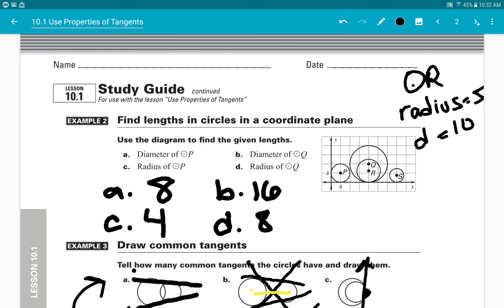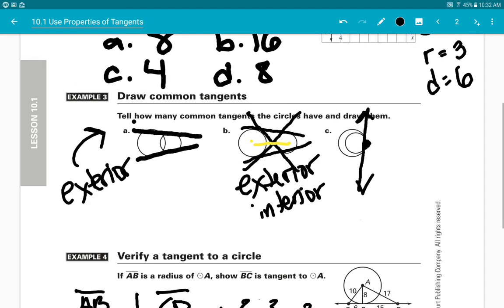And then looking at circle S, the radius is 3 and the diameter is 6, because it's a quarter of the way down from 4, so that's a unit of 3. That's the radius, and then double that, we get the diameter. All right, so let's go up.